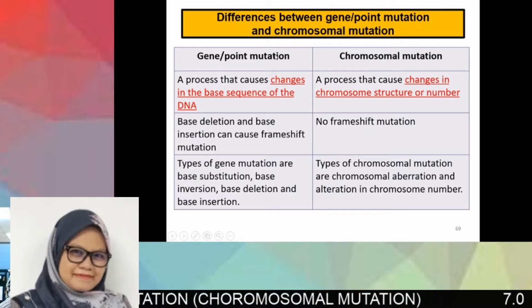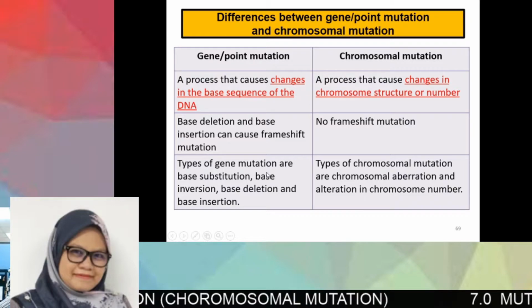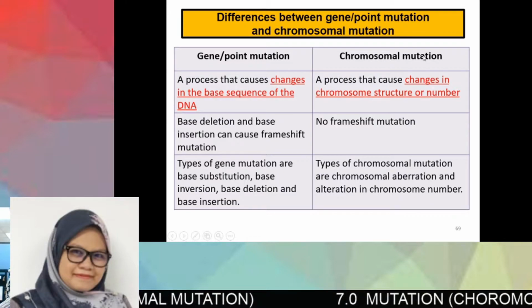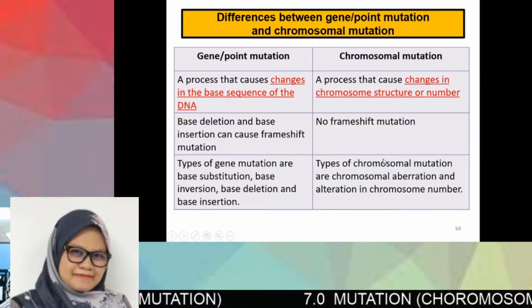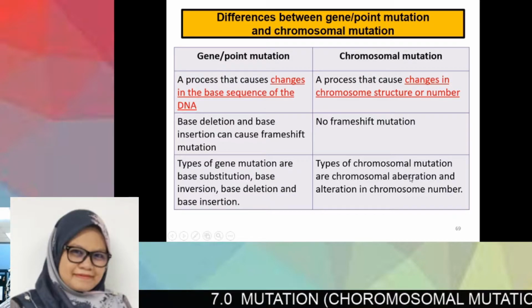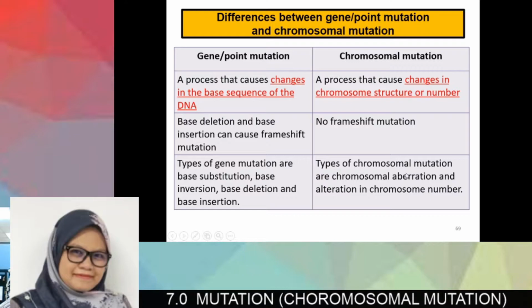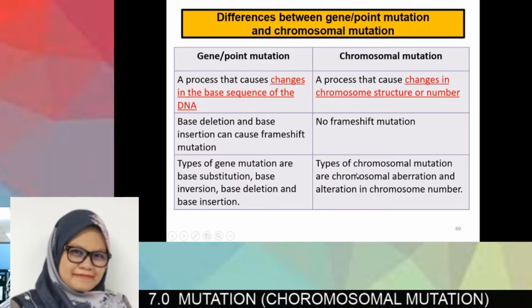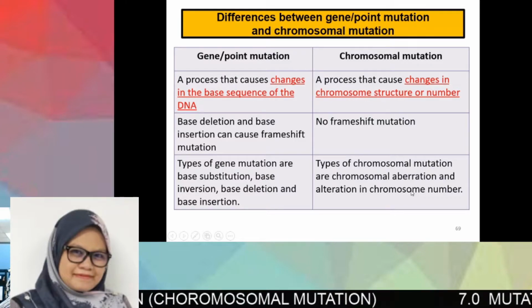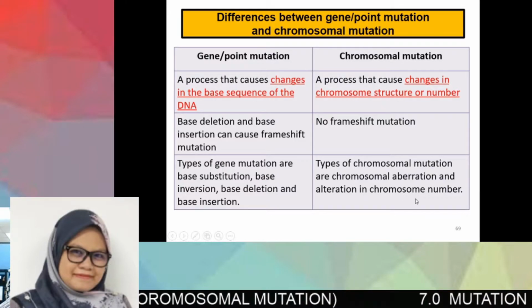The types of gene mutation are base substitution, base inversion, base deletion, and also base insertion. But for chromosomal mutation, also 4 types. They have chromosomal aberration, the change in structure, which has 4 types, and then the alteration in chromosome number, which has 2 types: euploidy and polyploidy.